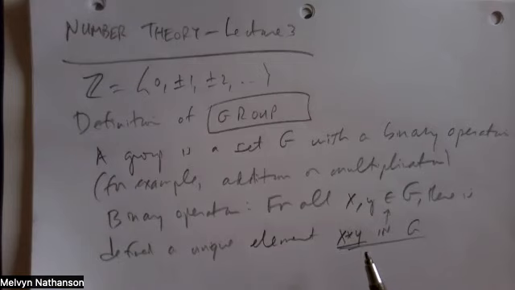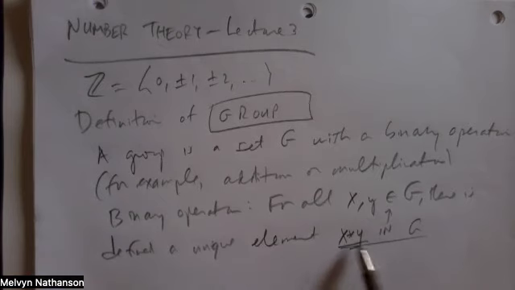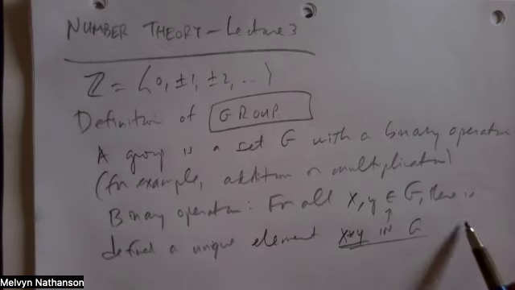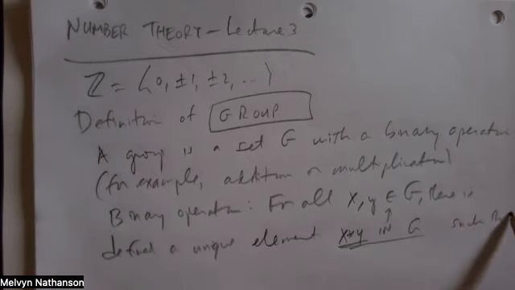If we were looking at, for example, the non-zero real numbers and this operation was multiplication, this would be the product of x and y. So there's a unique element x times y for every x, y in G, satisfying the following properties.